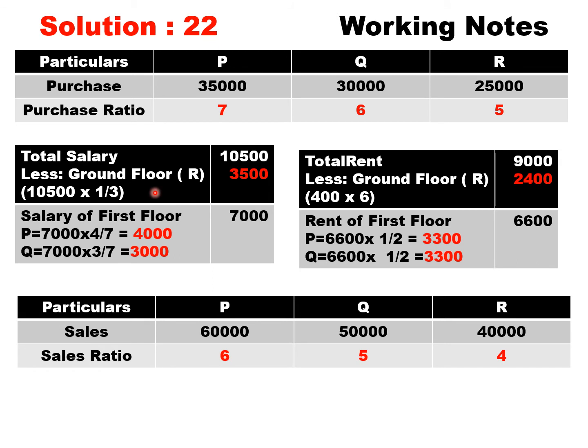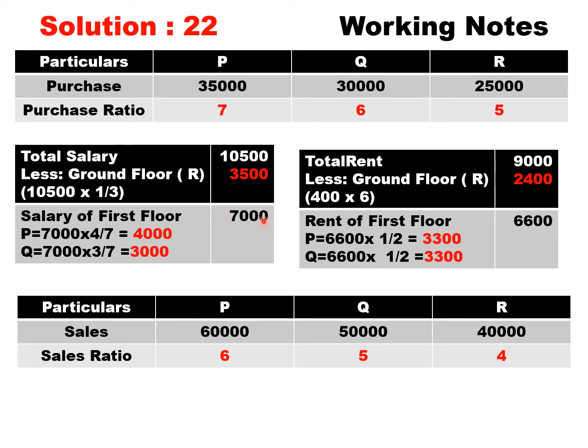R. Therefore, R is 1/3. So remove the R salary: 10,500 into 1/3, you get 3,500. So you get 7,000 remaining. This 7,000 is the salary of the first floor.